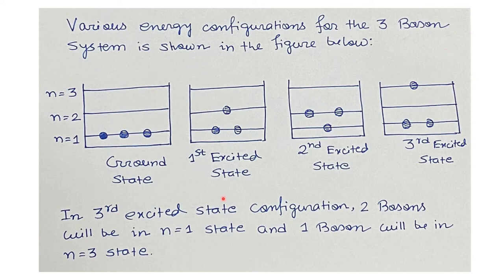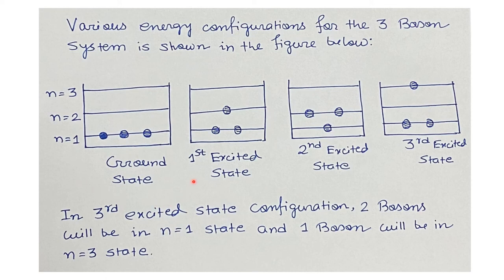First, we'll find the ground state of the system, then the first excited state, then the second excited state, and finally we'll find the third excited state of this system. One important piece of information regarding bosons is that there is no restriction on the bosons to be accommodated in a particular energy level. Hence, for the ground state, all the bosons will be accommodated in the ground state energy level, that is n is equal to 1.